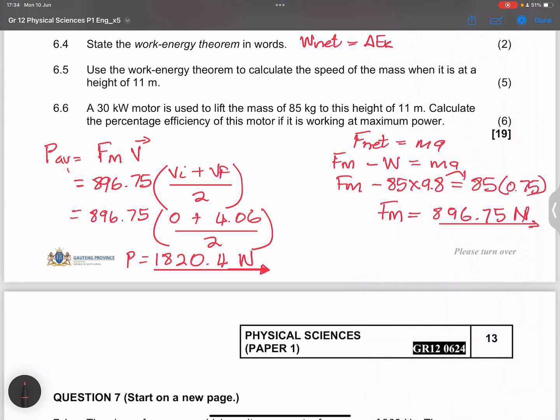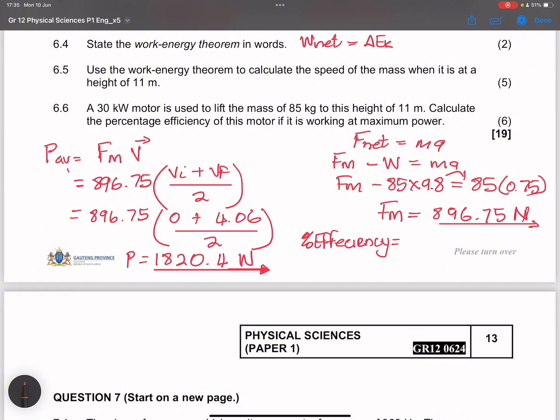But now we are looking for the efficiency of the motor, and how we calculate percentage efficiency. Please, I want you to note, right? So we say percentage efficiency would be the power that is exerted by the motor, divided by the power of that motor.